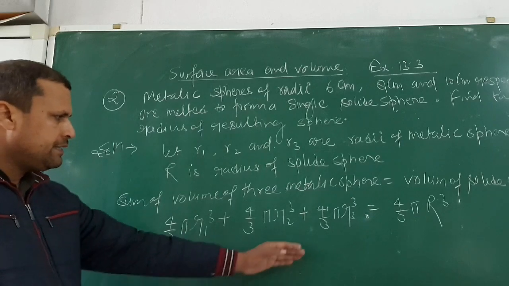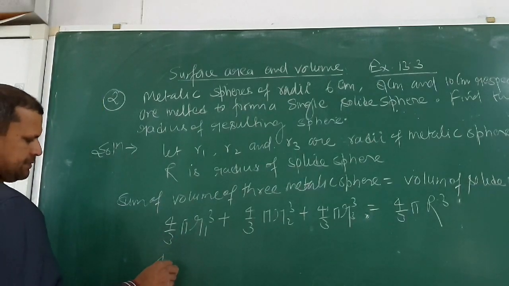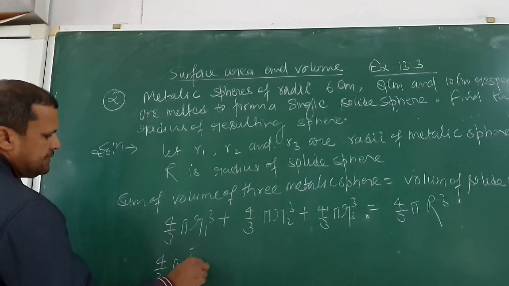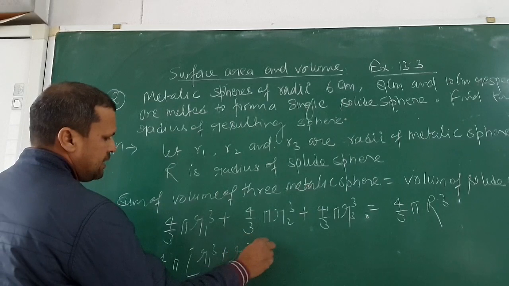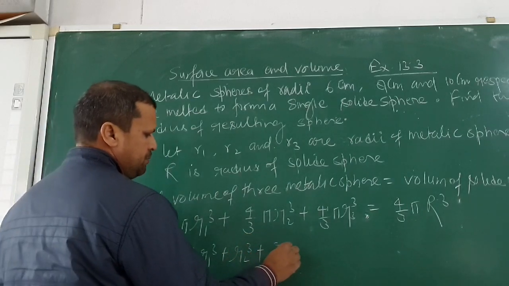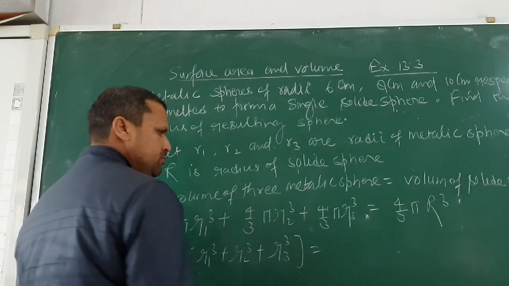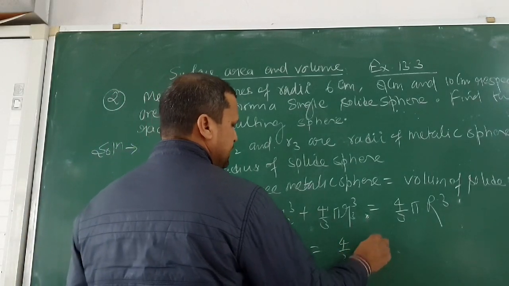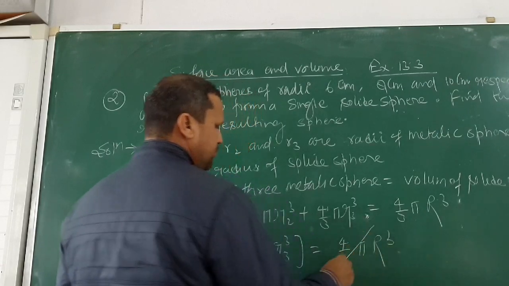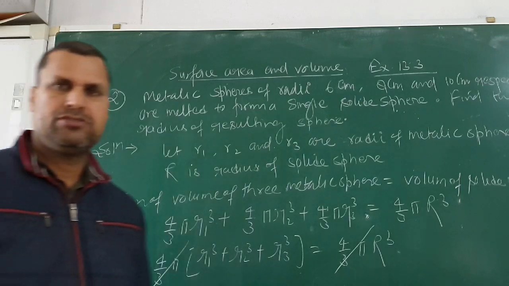So 4 by 3 pi is common. It is r1 cube plus r2 cube plus r3 cube is equal to capital R cube, and 4 by 3 pi cancels out.